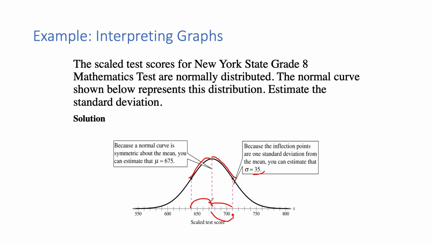In general, if I don't have the data readily available to calculate the mean and the standard deviation, but I know what the probability distribution itself looks like, then I can eyeball or approximate what the mean and the standard deviation for a normal distribution are.